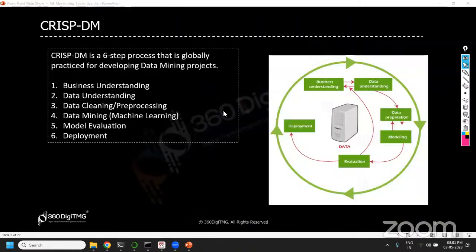We basically follow, or we used to follow, the CRISP-DM methodology. You will have to focus here. CRISP-DM is what I'm talking about, and this was the standard practice followed in the industry. But a lot of things changed as the data science world itself evolved.